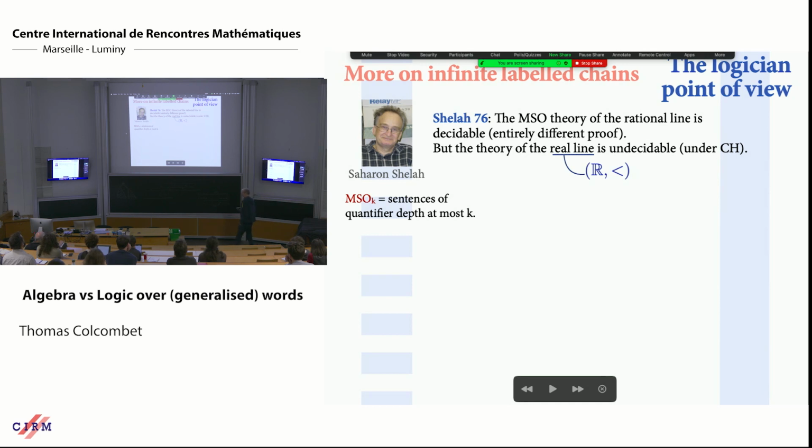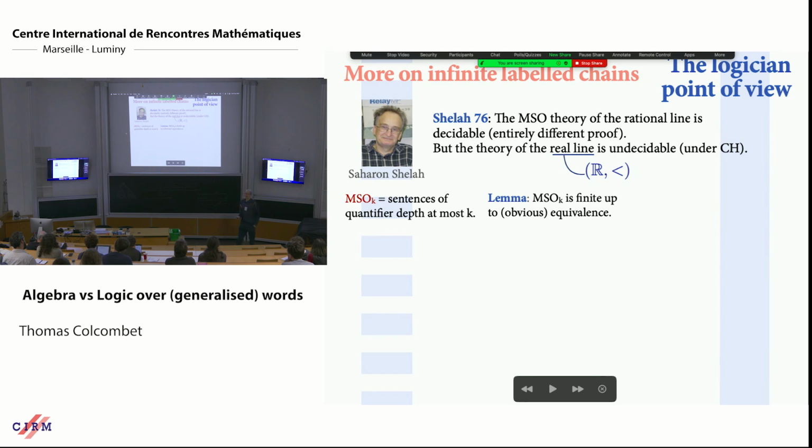Here, Shelah is using completely different techniques. Let me just try to sketch a bit some things. You have the language of, first just an order here. So you can consider the set of formulas up to quantifier rank k.